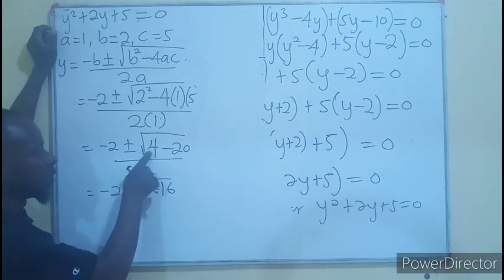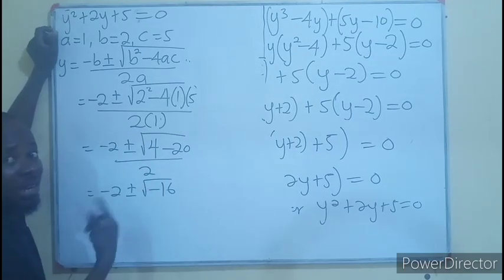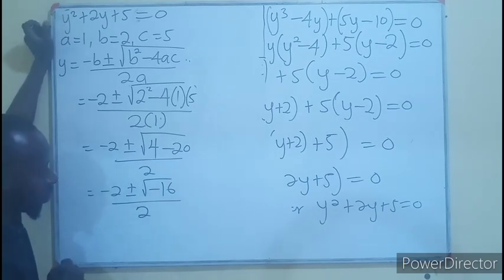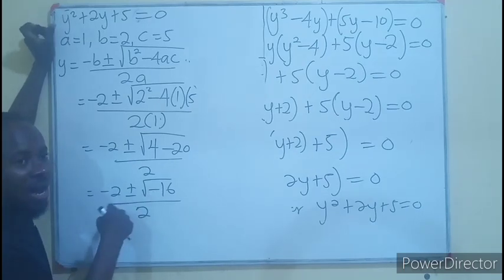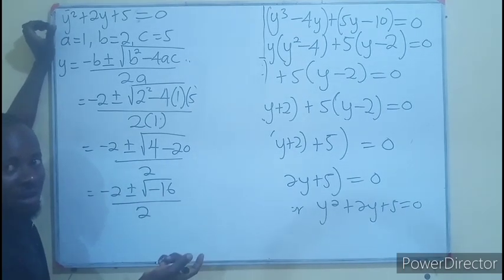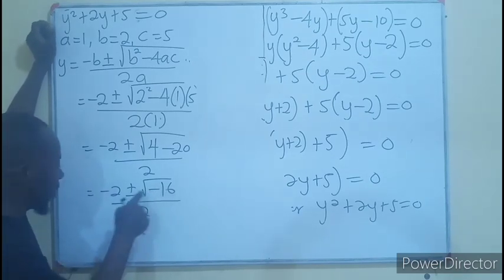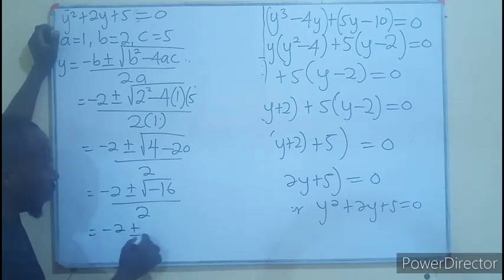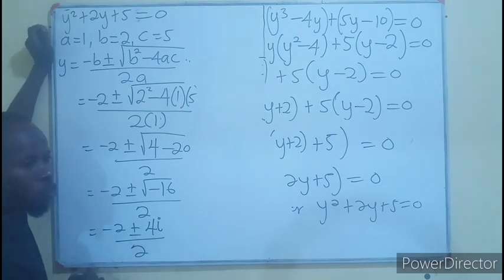As in, if I subtract 20 from 4, you'll be getting a negative 16 all over 2. Now that we are having a negative, it means we are going to have a complex number. Here is going to be 4i because the root of a negative number. So this gives me minus 2 plus or minus 4i over 2.